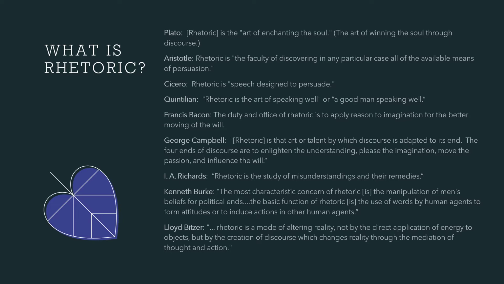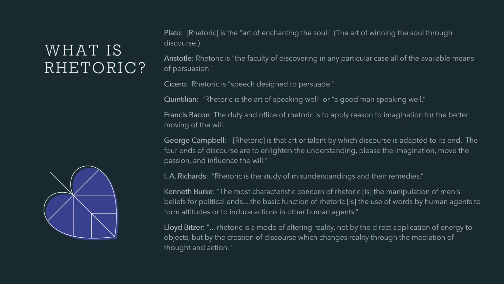So George Campbell, an 18th century rhetor from Scotland, writes, rhetoric is that art or talent by which discourse is adapted to its end. So in this case, we see a shift, right? Rather than just that the speaker has a purpose, the text itself has an end or a purpose.